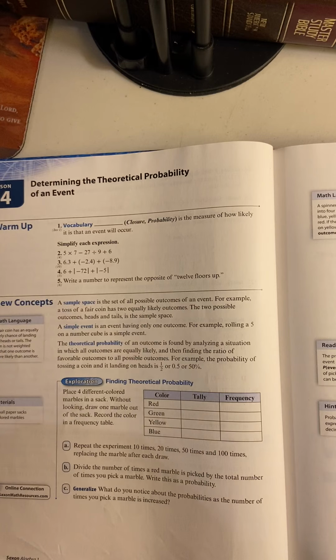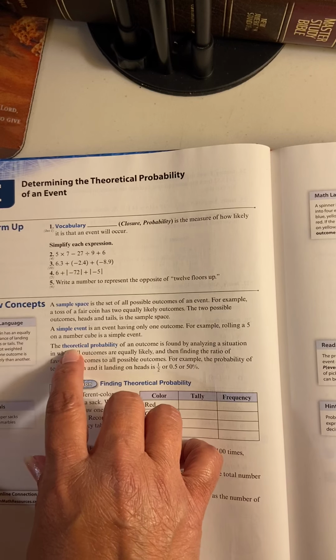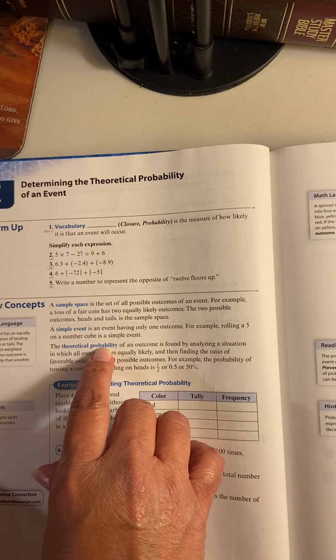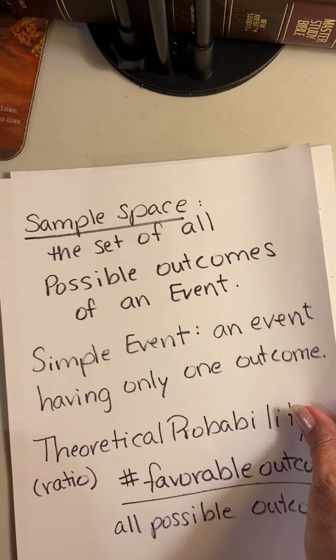We're going to talk about sample space, what a simple event is, and how to calculate the theoretical probability, okay? I went ahead and wrote down some of the very basic vocabulary words right here.